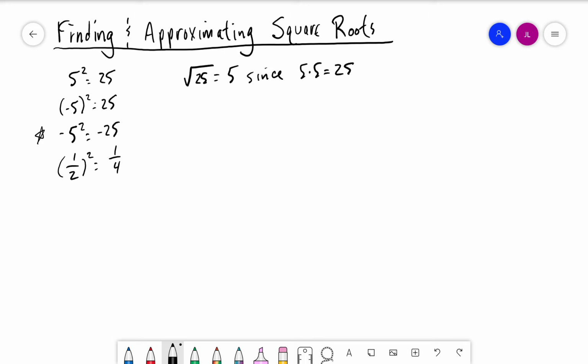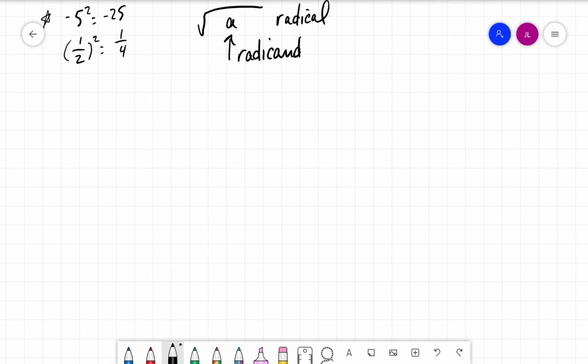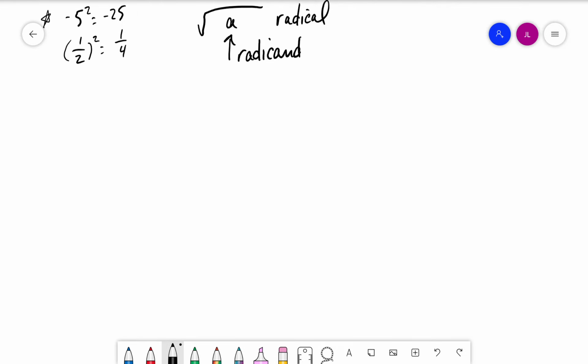This symbol is called a radical sign, and the number that goes inside of it is called the radicand. If we have an expression with a radical in it, it's a radical expression.